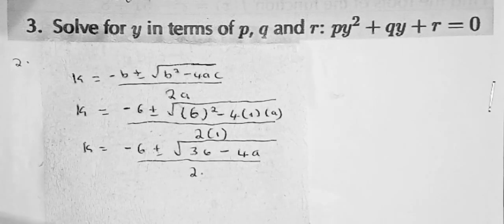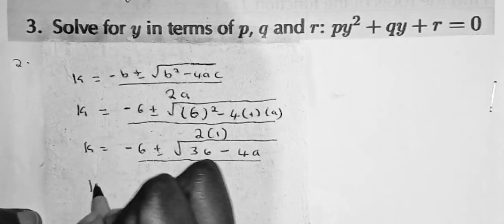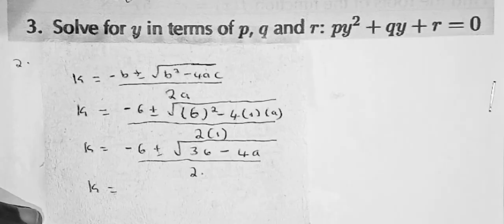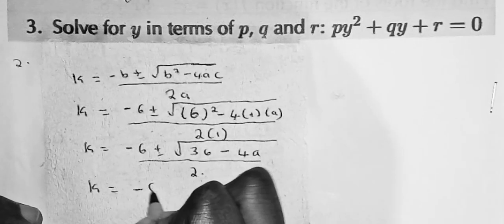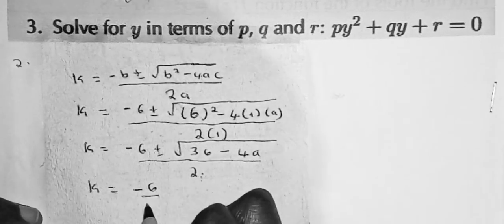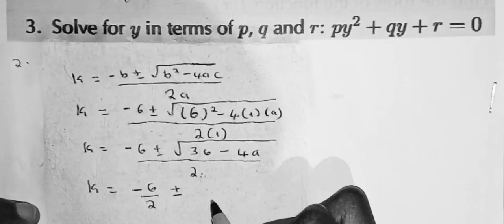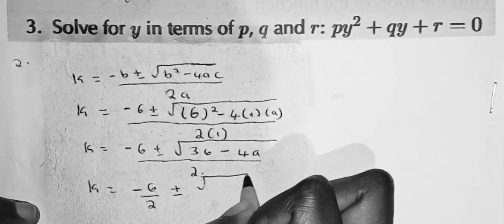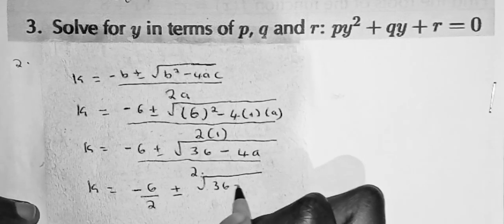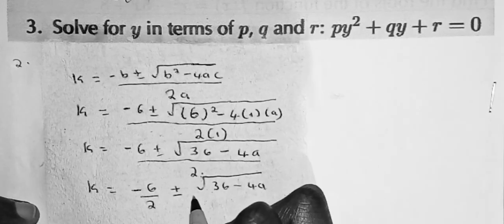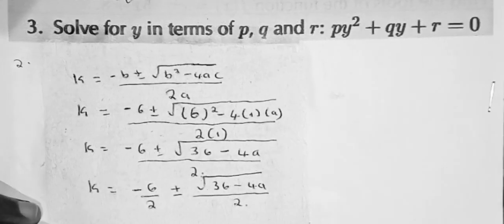What are we going to do next? So I'm going to say k is equal to negative 6 divided by this 2 here. So I am splitting everything, and I'll say plus or minus the square root of 36 minus 4a, all over the 2.